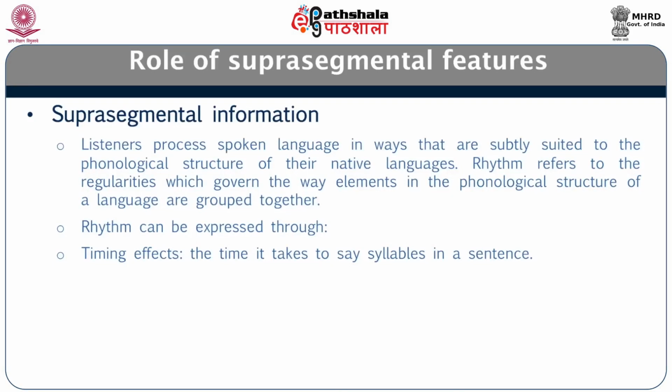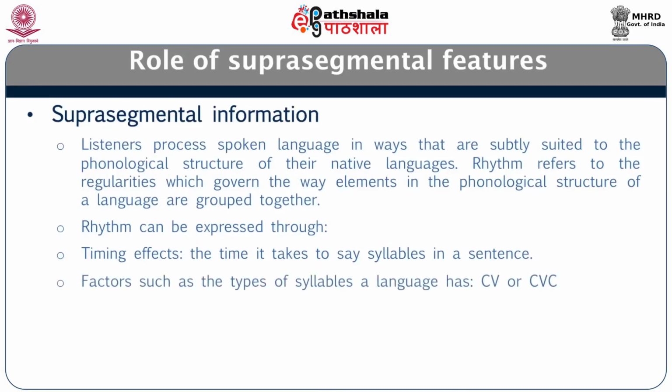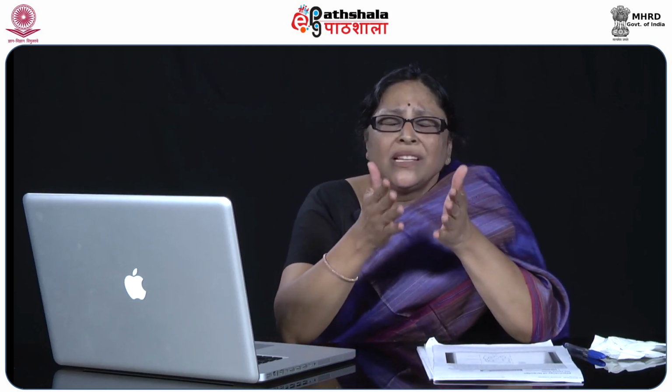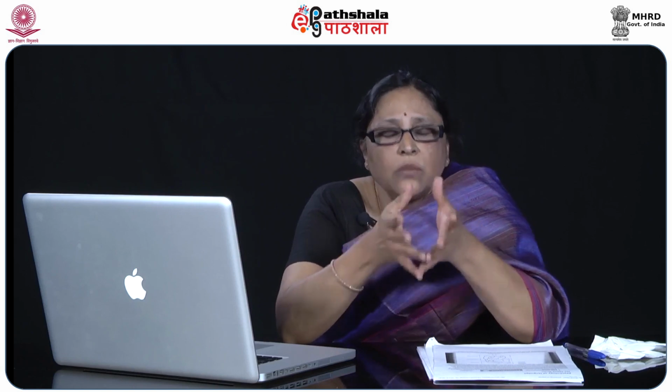So languages differ on the amount of time they take to say the syllables. Also factors such as the types of syllables a language has, whether a language has what we call a closed syllable structure. So English, for instance, you can have a consonant, vowel, and a consonant. That's a basic pattern. So look at a word like cat, k-a-t, cat. Now that's a typical English syllable structure.